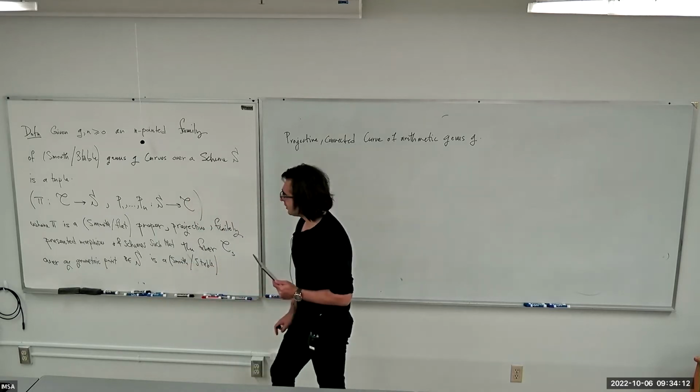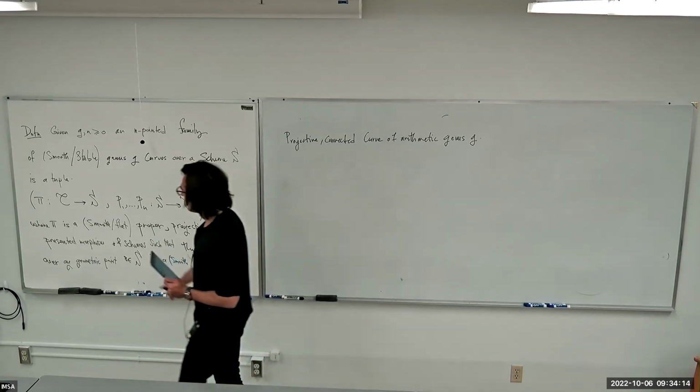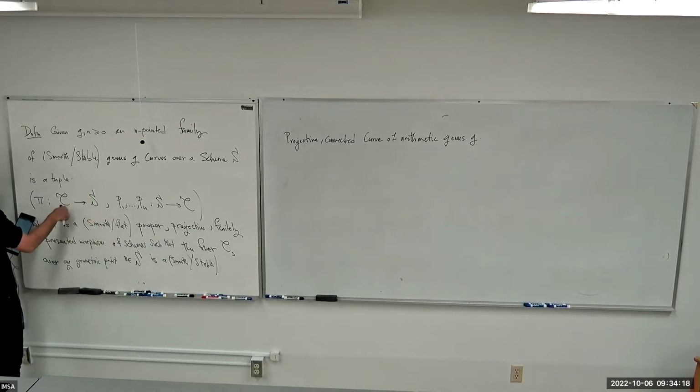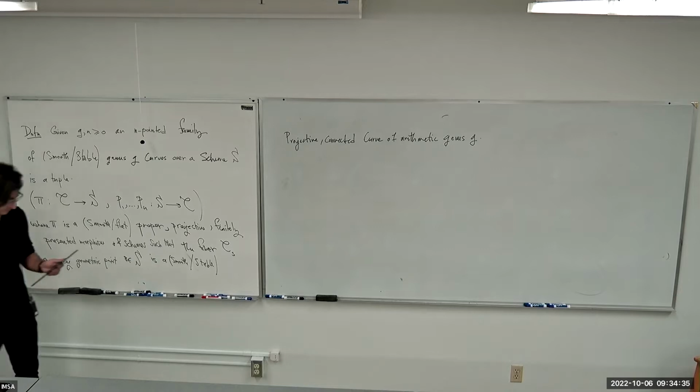And then we would like the family to have fibers over the underlying scheme. Each time I pick a point in here, this is the total space of that family. Each time, the fiber of this needs to spit out for me one of those curves that we are parameterizing. And we would like the fibers to keep being flat at least, meaning they don't jump in dimension and things like that.